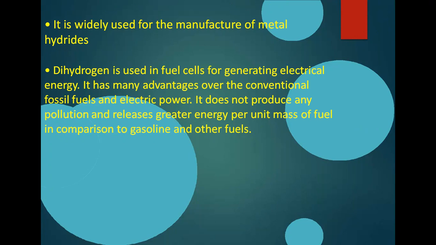This is the best fuel, because after burning hydrogen there is no residue left behind. That is why it is known as the ideal fuel: it generates a large amount of heat and does not leave any unburned particles in the atmosphere. So it is a cleaner fuel also.